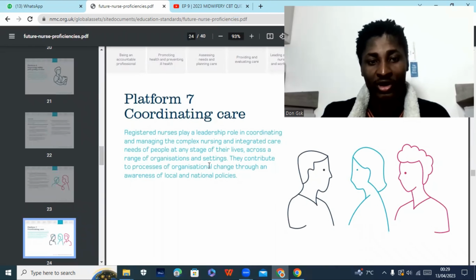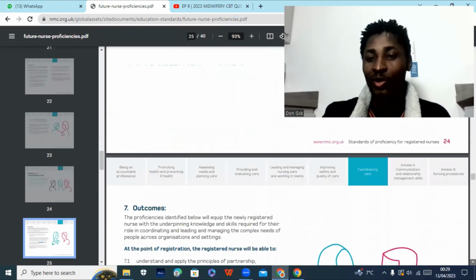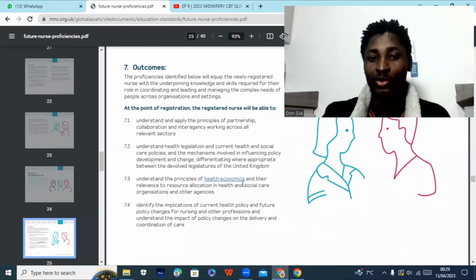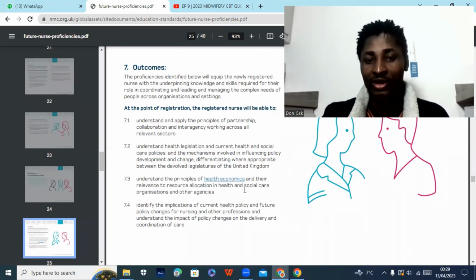Then 7, coordinating care. Now, look at the later part. They contribute to the process of organizational change through an awareness of local and national policies. So, organizational change. Learn that one a lot. I was talking about health economics. Here it is.